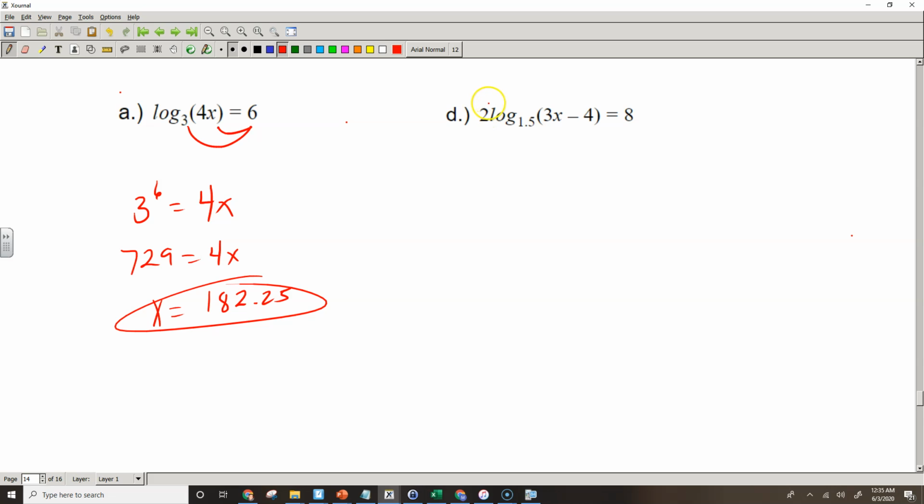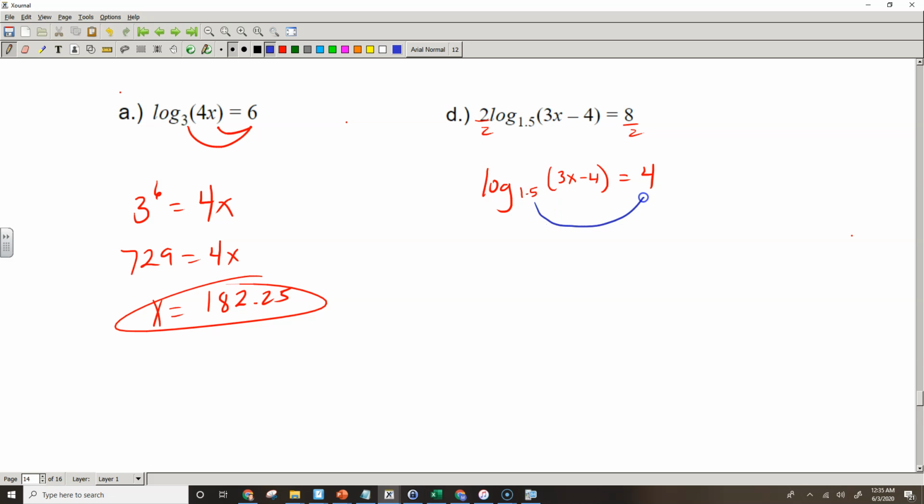D, I have a 2 out in front here, so I want to get rid of that first. I'm going to divide everything by 2. So I'm going to get the log with a base of 1.5 of 3x minus 4 equals 4. Now that I have that, I'm going to shark fin it.